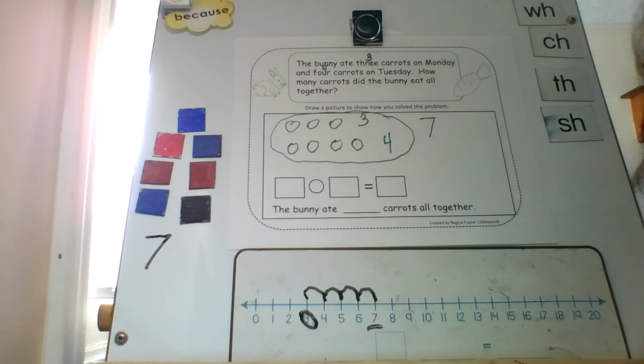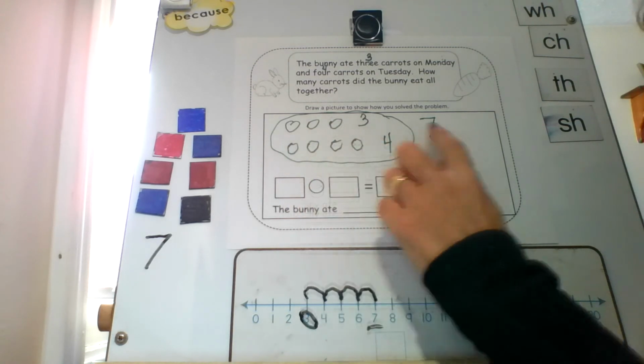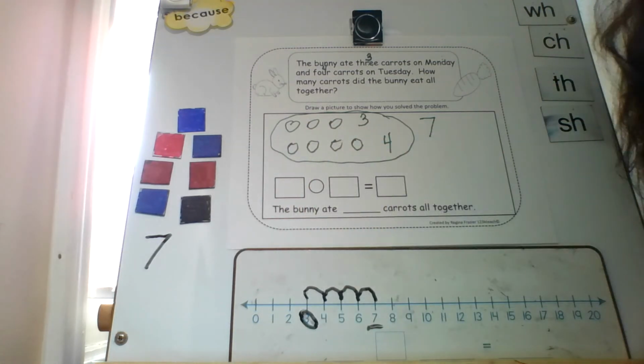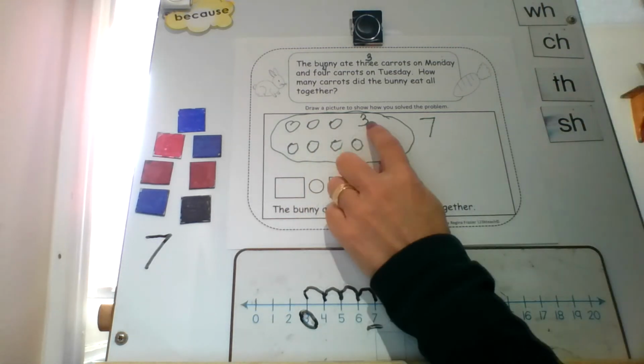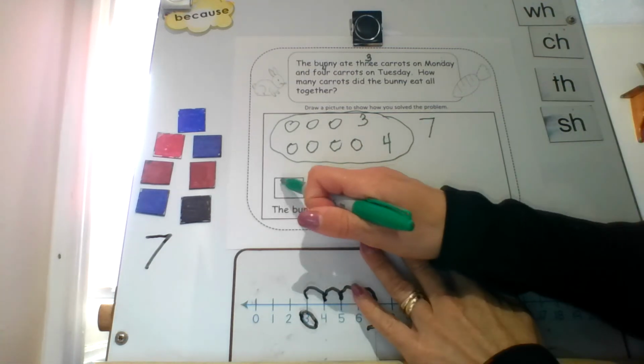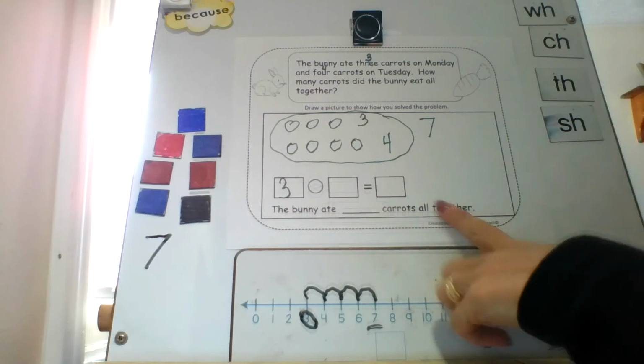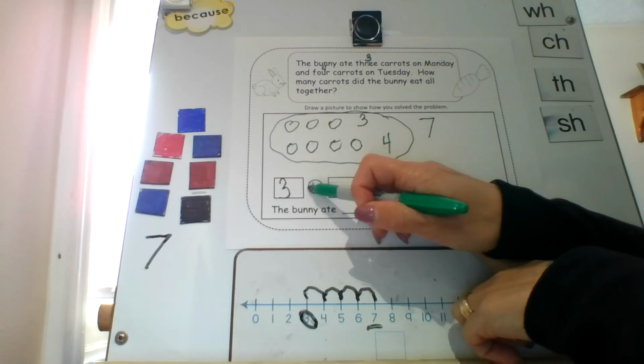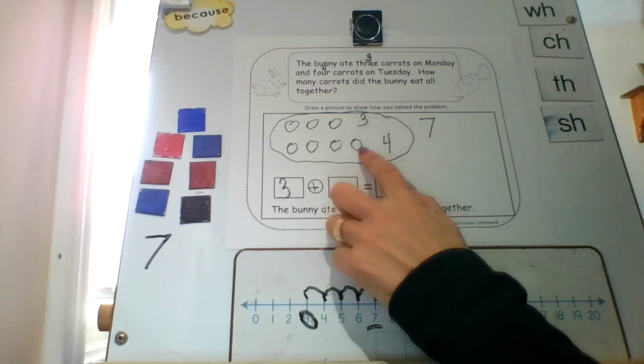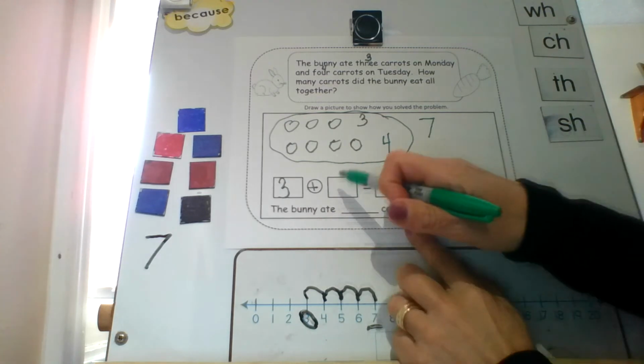Now we just have to write the equation. And writing the equation isn't hard once I have all of my picture drawn. So how many did I start with? And I have this nice big circle around everything, so I know that means plus. And how many did I plus? I plussed 4 more.